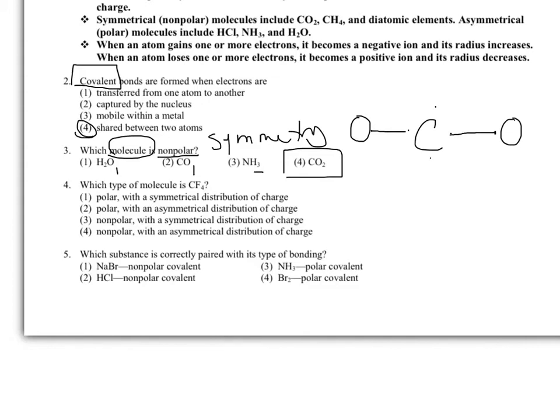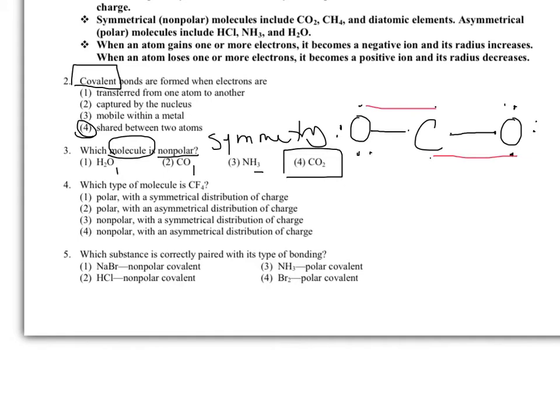So this is 1, 2, 3, 4, 5, 6, and then our next oxygen is 1, 2, 3, 4. We always skip over the line, 5, 6. So here we're left with some lone unpaired electrons, and we'll pair them up to form multiple bonds. So we can see that this structure has symmetry, making it nonpolar.